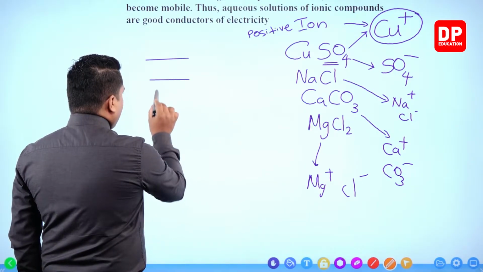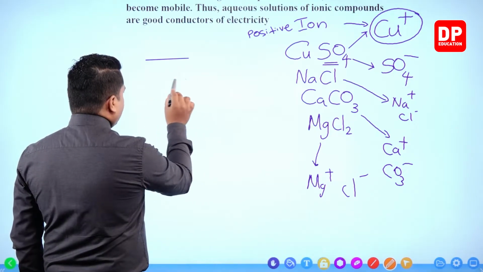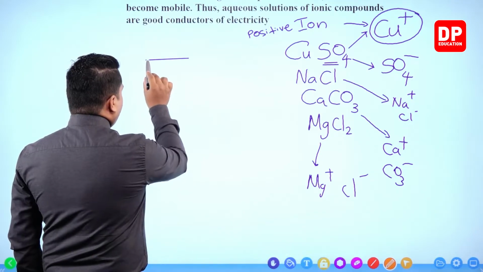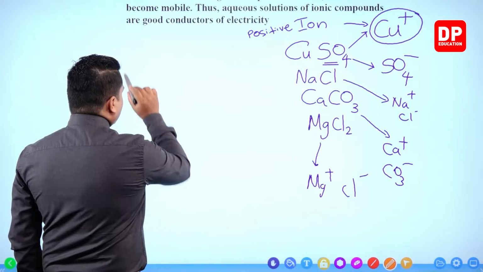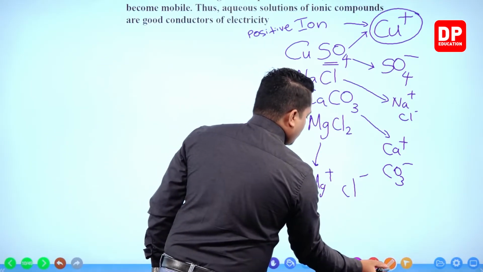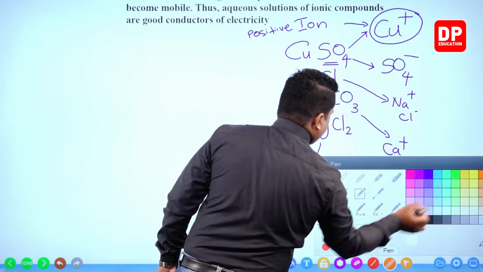So when you take the ionic compounds, how can we make these ions mobile? Let me explain how the mobile ions are created in a solution.